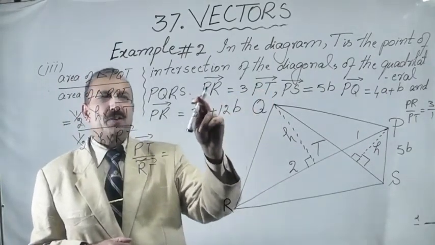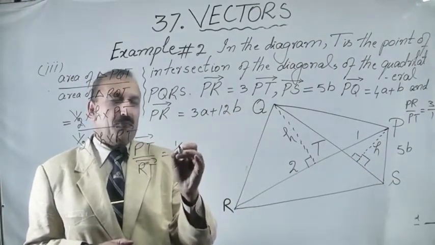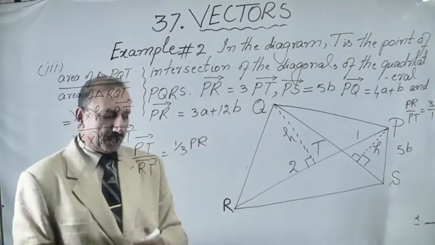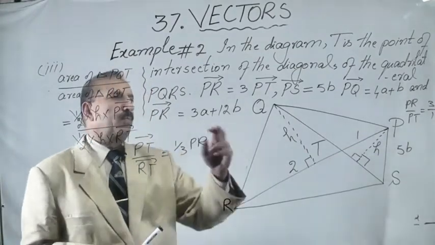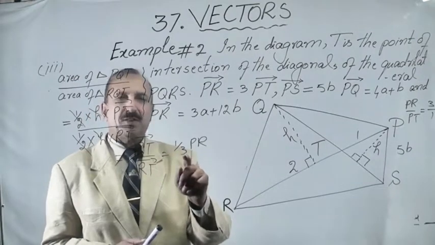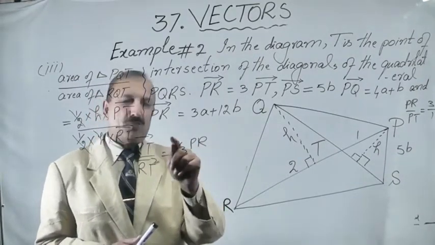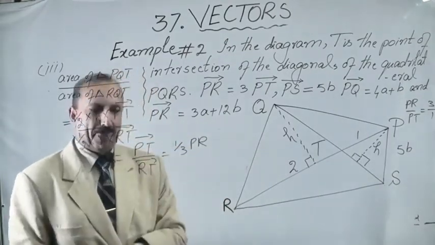PT is equal to 1 by 3 PR. PR is obviously given in the question, so we can put this value: PT has the value of 1 by 3 PR.